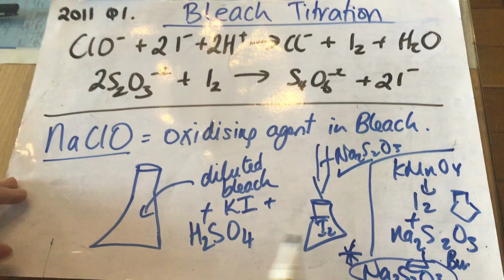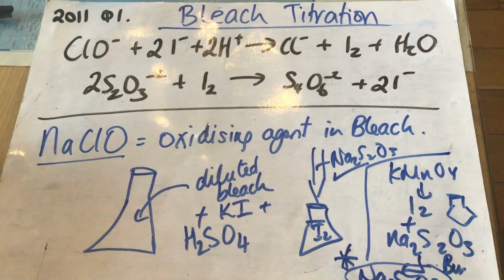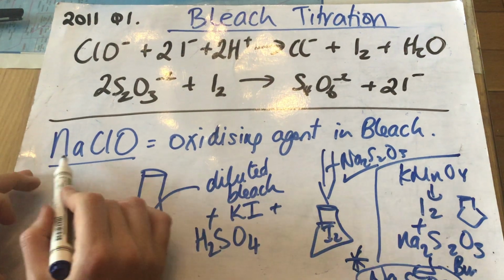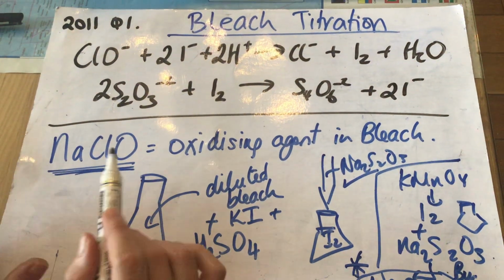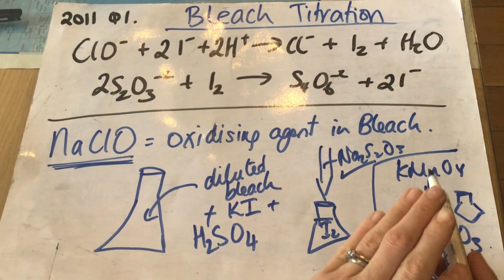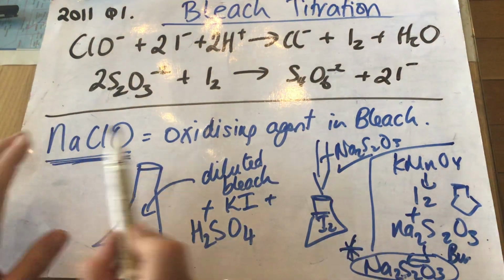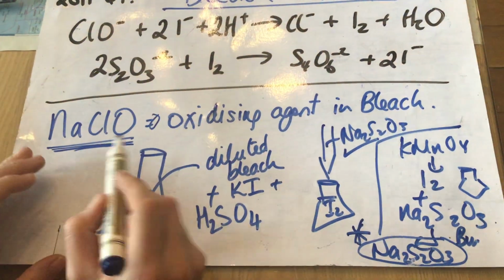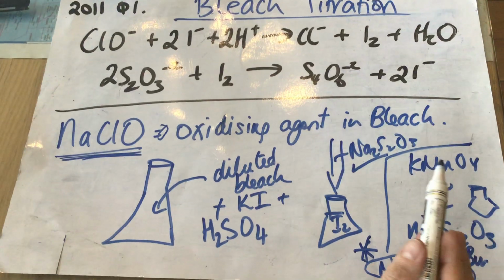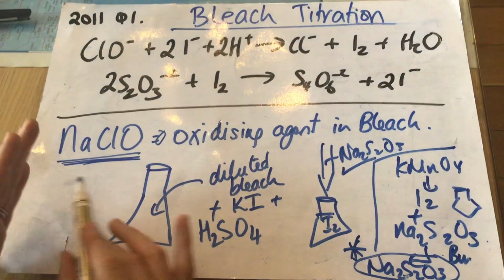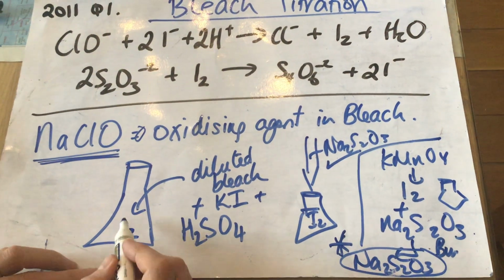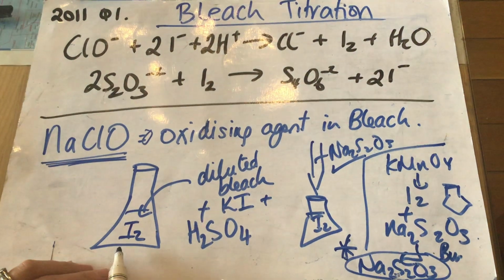We're not using the KMnO4 as the oxidizing agent. We're using diluted bleach, so sodium hypochlorite. Now, don't mix up sodium thiosulfate, Na2S2O3, with sodium hypochlorite. Sodium hypochlorite is the oxidizing agent that's in bleach, so it's going to be reduced itself, and it's going to be responsible for making iodine here in the conical flask, okay?